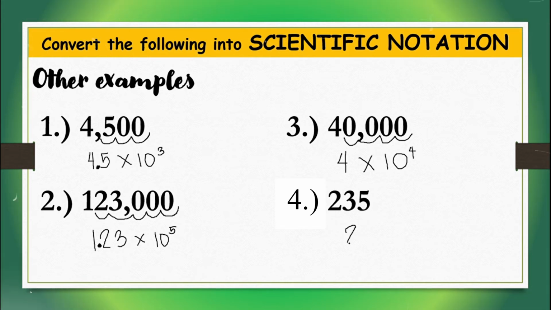So we'll have 2, 3, and 5. And the first significant digit is 2. So we will add the decimal point times 10. So let us count the number of movements. 1, 2. So 2.35 times 10 to the 2nd power.